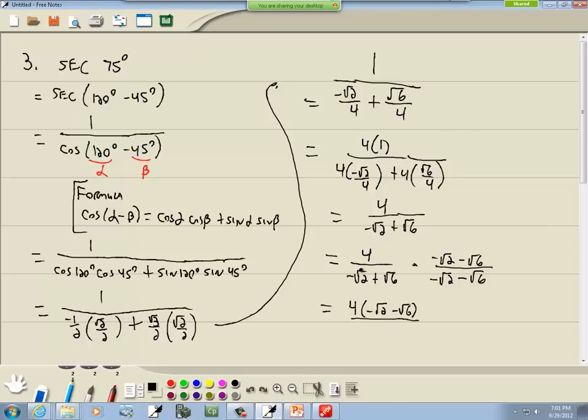On the bottom, since they're conjugates, all I have to do is multiply my first parts together and my last parts. Negative square root of 2 times negative square root of 2, negative times negative is positive, and square root of 2 times square root of 2 is 2. Positive square root of 6 times a negative square root of 6 is negative 6.